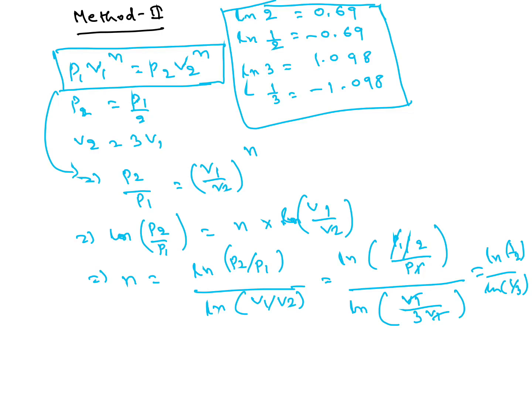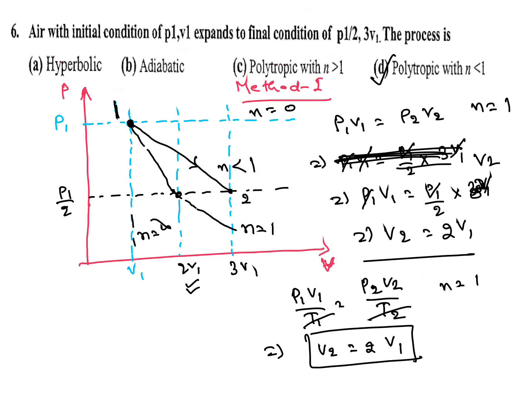So ln half is minus 0.69 and ln 1 by 3 is minus 1.098. So it will come around 0.48, which is less than 1. n is less than 1. So from the options, polytropic with n less than 1, D is our answer. Method 1 and method 2 give the same answer.